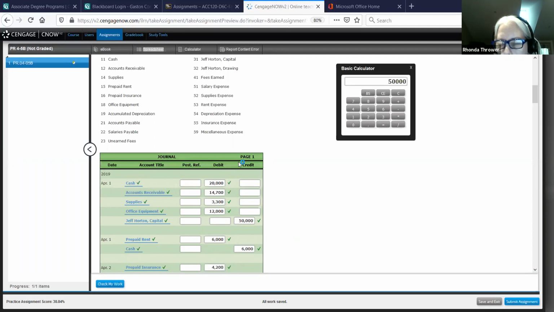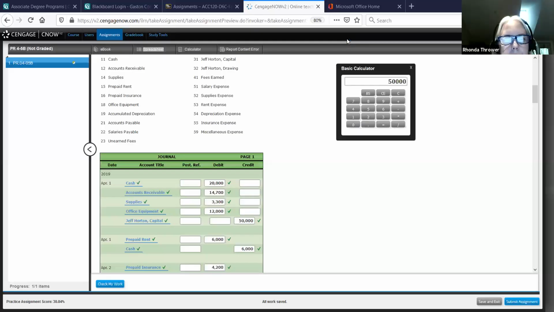This is journal page 1 that we're talking about right now. We're going to go to our ledger account, which is our cash account. So I'm going to stop sharing the screen with you, and I'm going to share it again when we get to our ledger here.